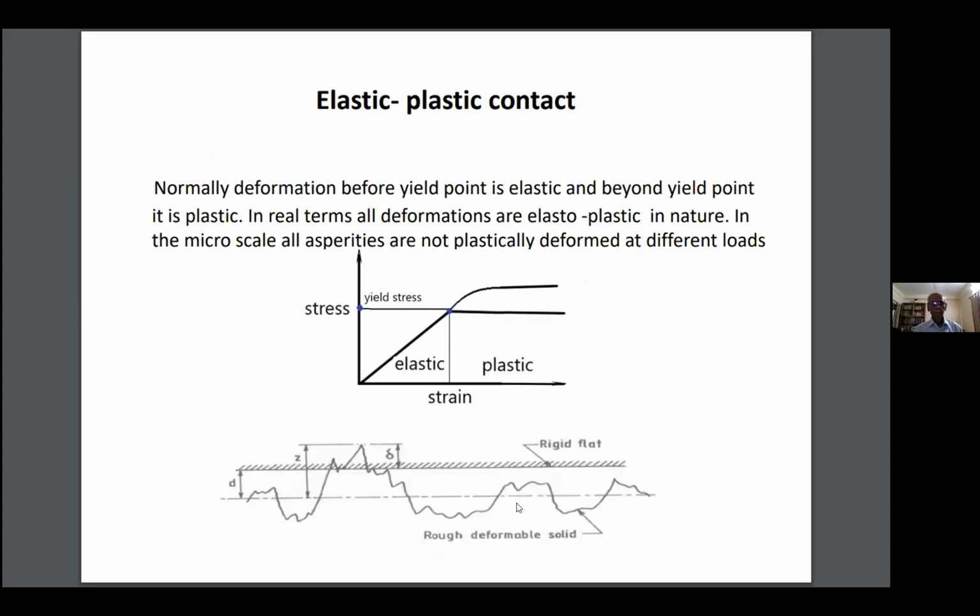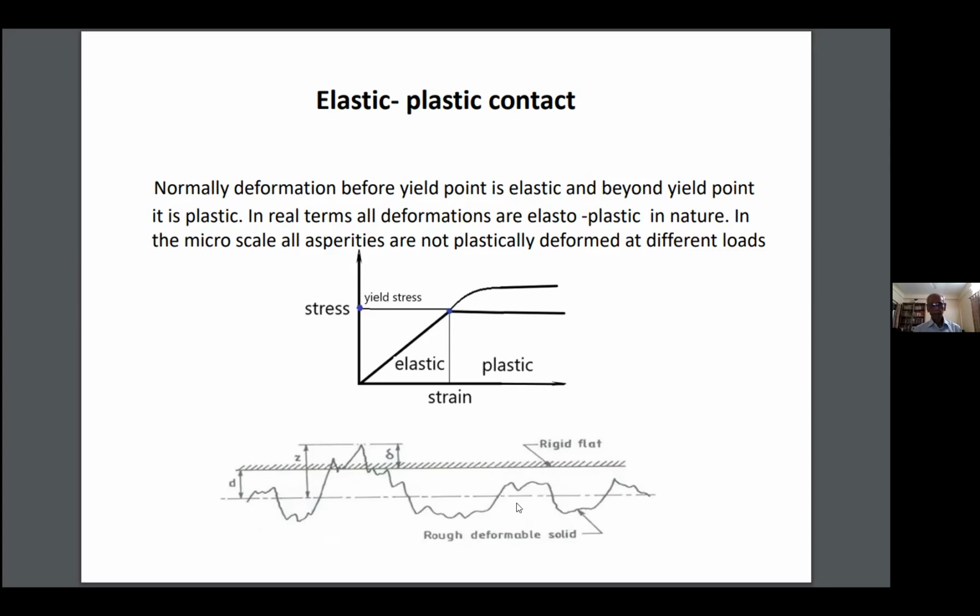But having said that, let us understand that there is no material which is absolutely plastic or absolutely elastic. They are always elastoplastic. So when we say that two surfaces coming into contact are in elastic contact or in plastic contact, we have to be a little careful, because all the asperities may not be plastically deformed or elastically deformed.